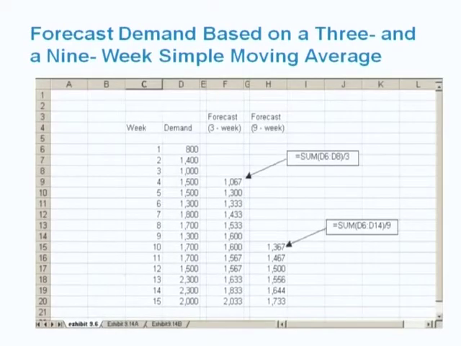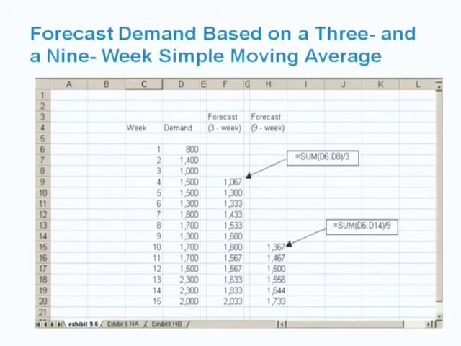Look at this example. Forecast demand based on the 3 and 9 week simple moving average. On the Excel graph, 1,067 comes from 800 plus 1,400 plus 1,000, over 3.